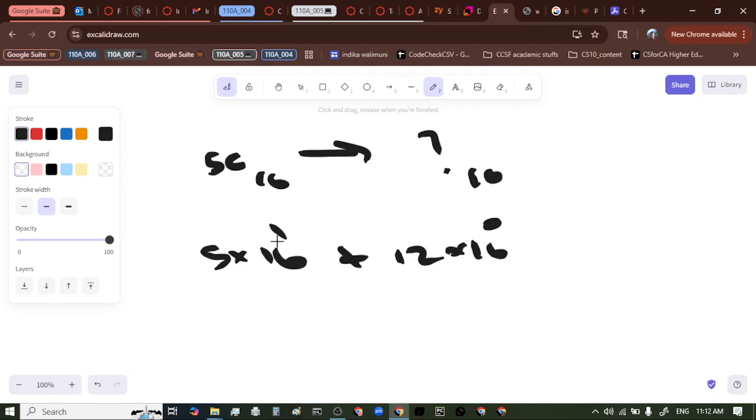I took this as 90, but it should be 80 plus 12. So this equals 92, not 102, in base 10.